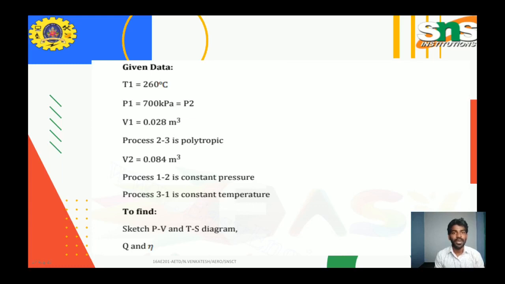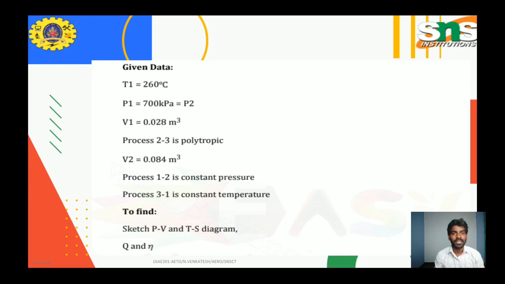The volume V1 is 0.028 m³, and the volume at the exit section V2 is 0.084 m³. Hence process 1 to 2 is a constant pressure process, so P1 is equal to P2. Process 2 to 3 is a polytropic process, so the polytropic index n value is given. Process 3 to 4, the final process, is a constant temperature process. These are the given data from our problem.